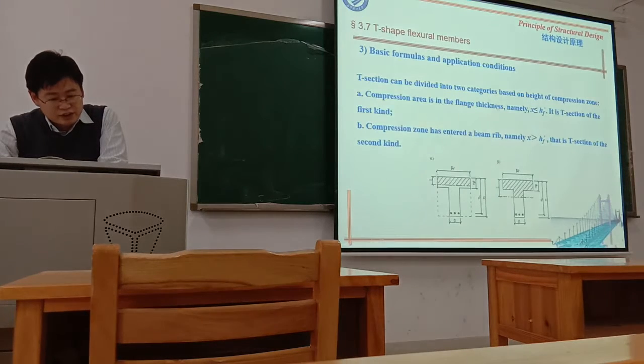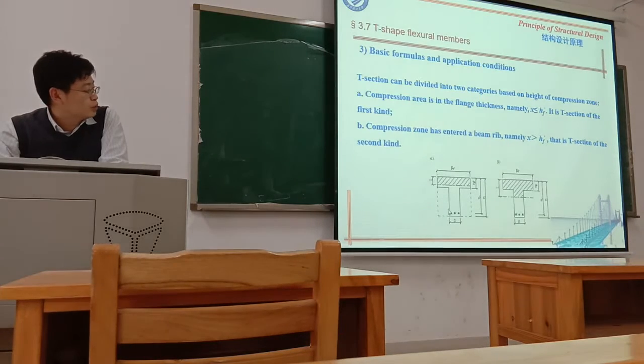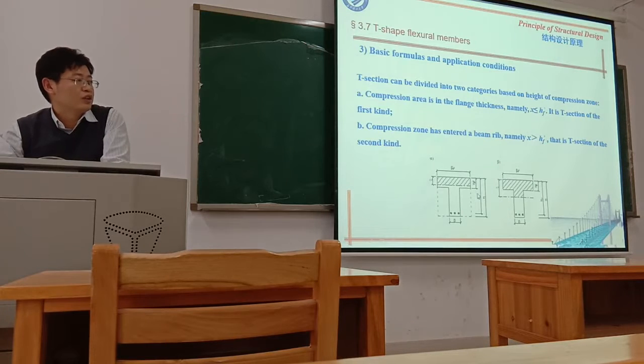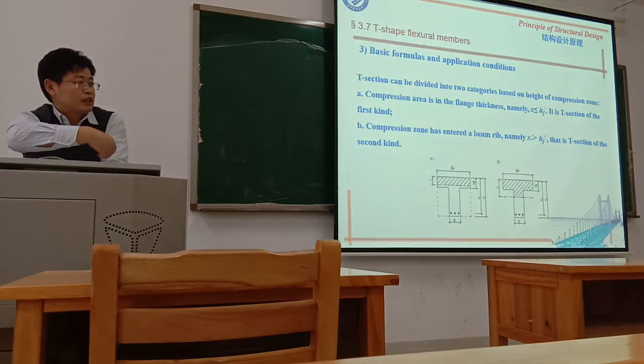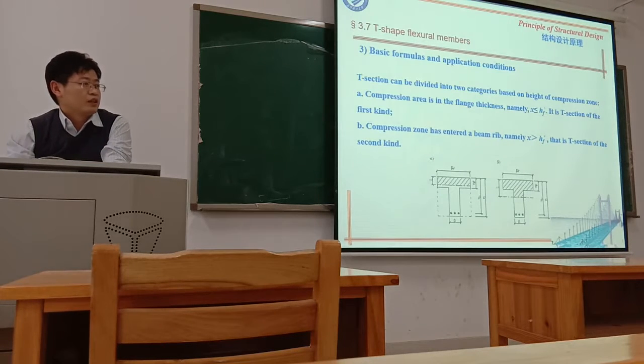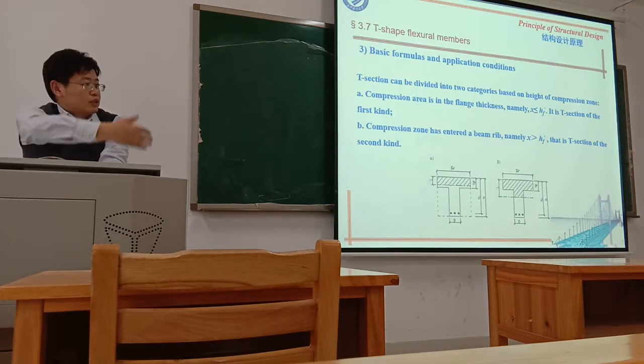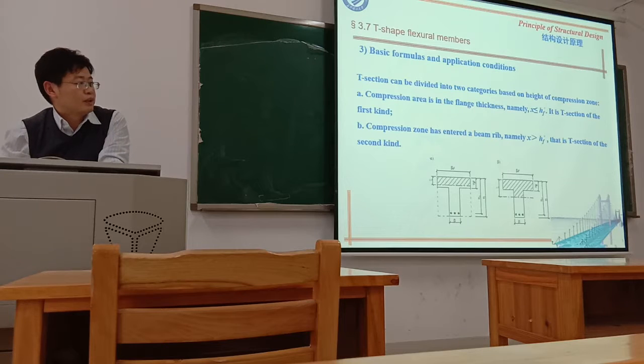For this T-shaped beam, we define two types of T-shape. The outlook is just a T-shape, but the cross section is a T-shape.